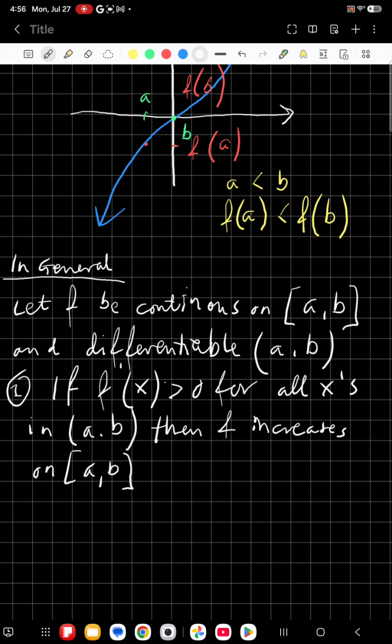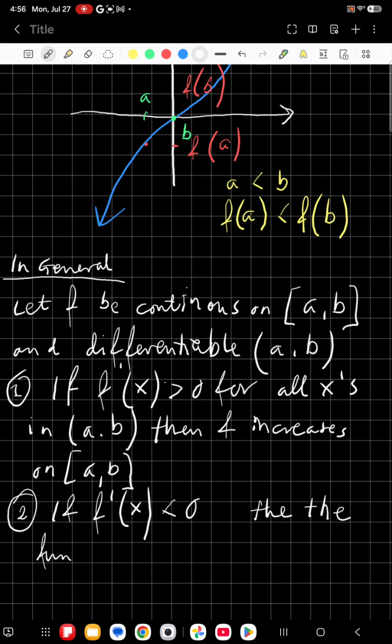Then similarly, two: if f prime of x is less than 0, then the function decreases on that interval.